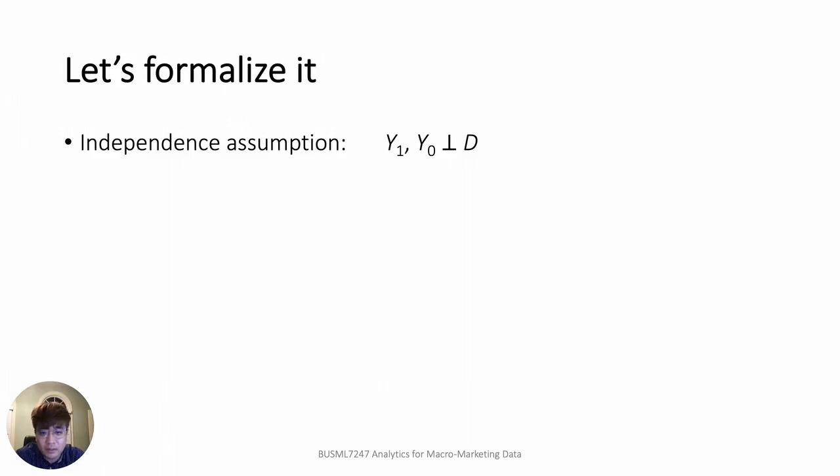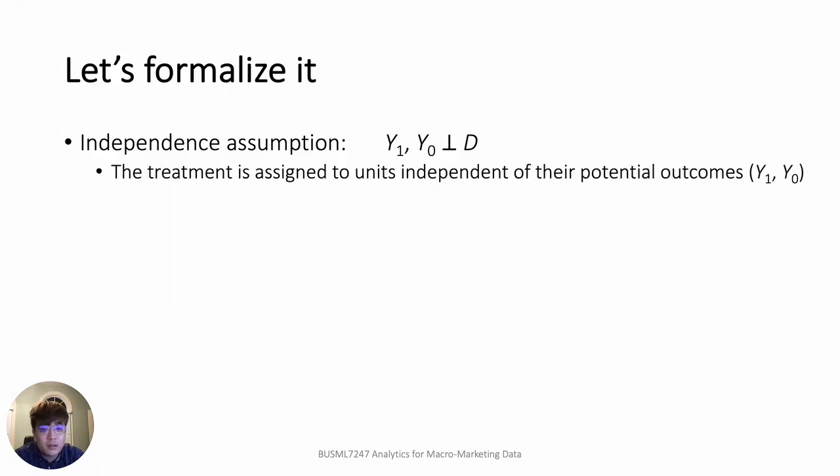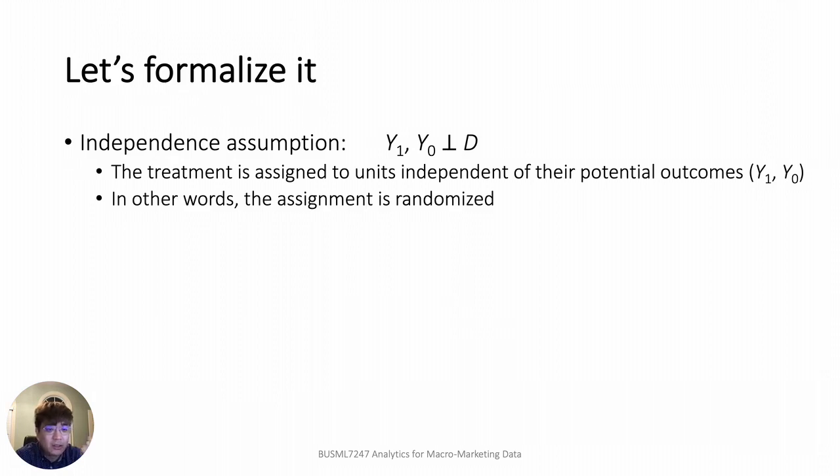And now I'm going to present one ideal condition that makes the selection bias 0. It is called the independence assumption. The independence assumption means the treatment assignment D is independent of the potential outcomes Y1 and Y0. In other words, the independence assumption implies the treatment assignment is randomized.